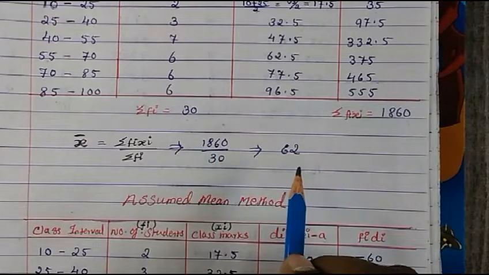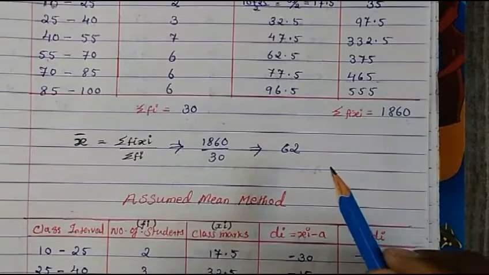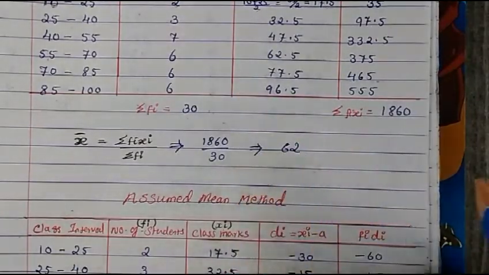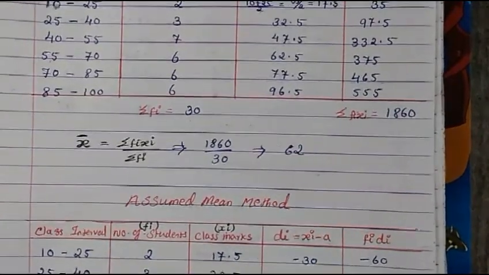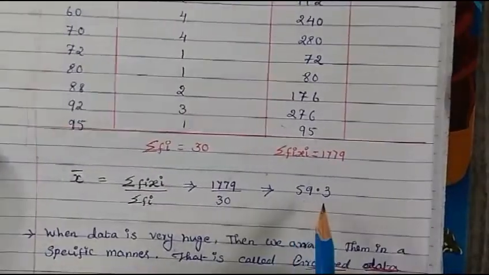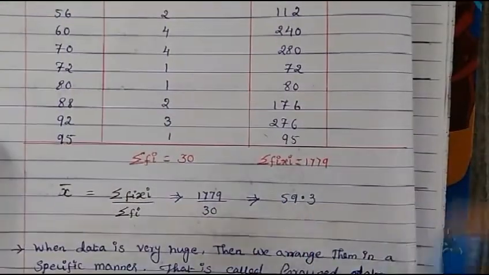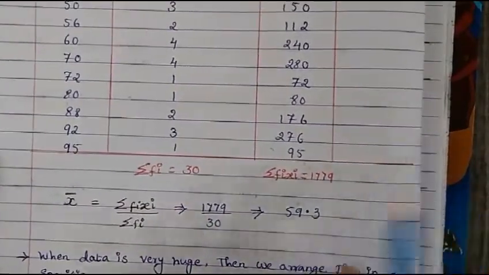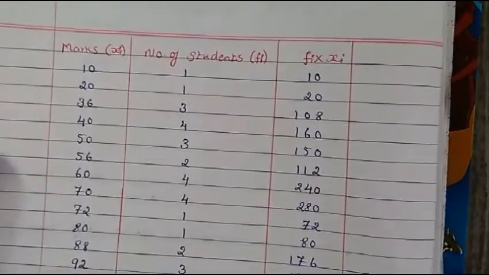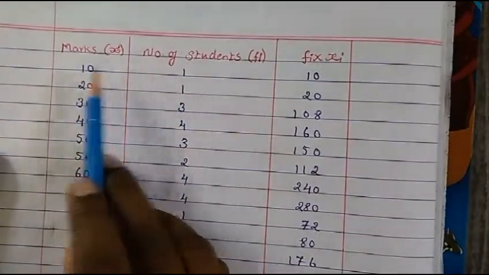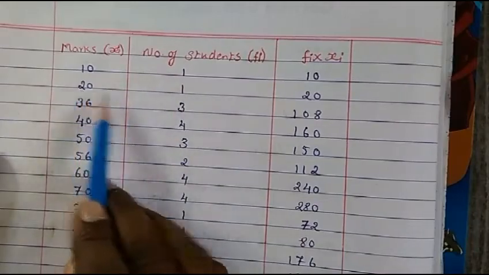Now you will be wondering, in the first part, ungrouped data, same question when we did, our answer was 59.3. Same thing we did. So why does this difference come? Because there we have done accurately, exactly 10 marks 1 student got, 20 marks 1 student got.